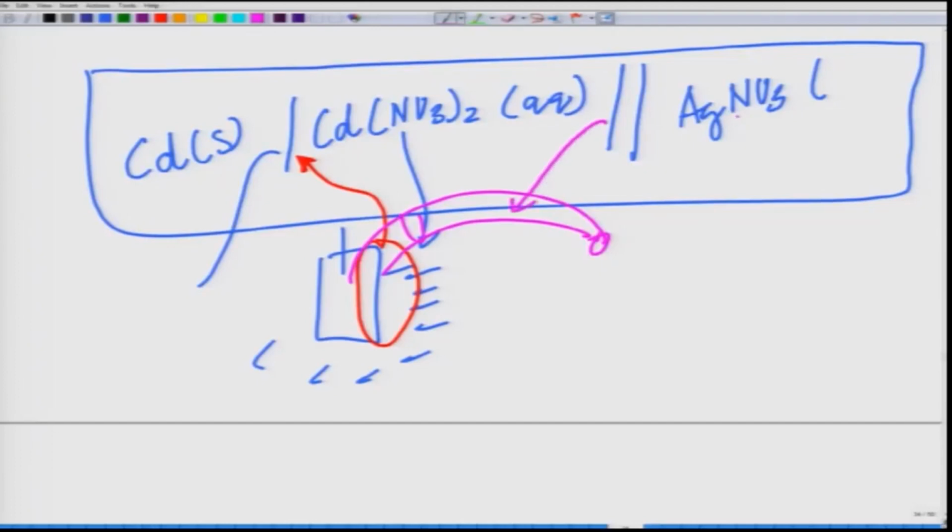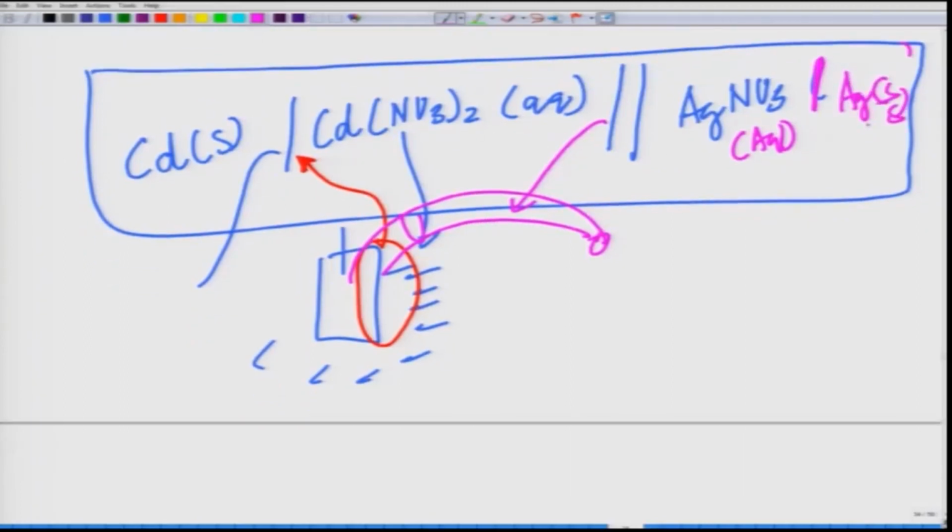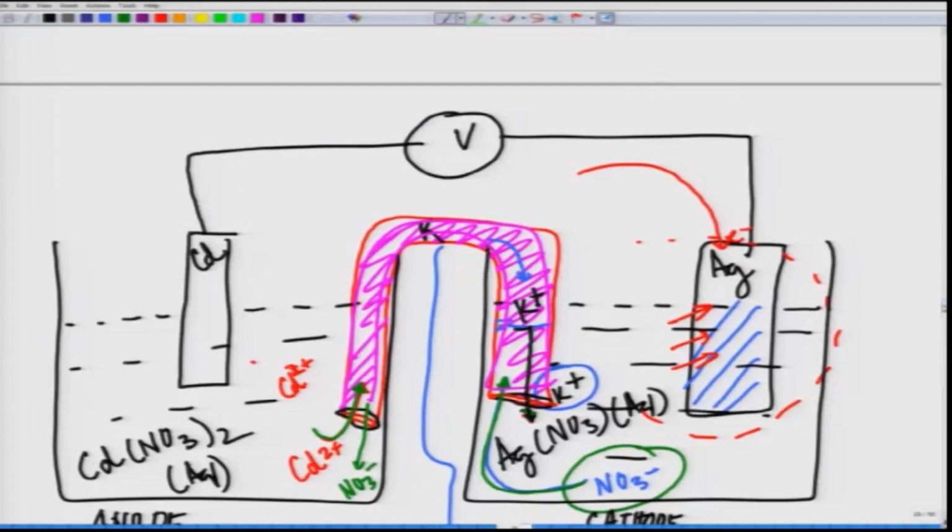You have AgNO3 aqueous phase with Ag solid. So, this is essentially how the reaction we just discussed is written in line notation.